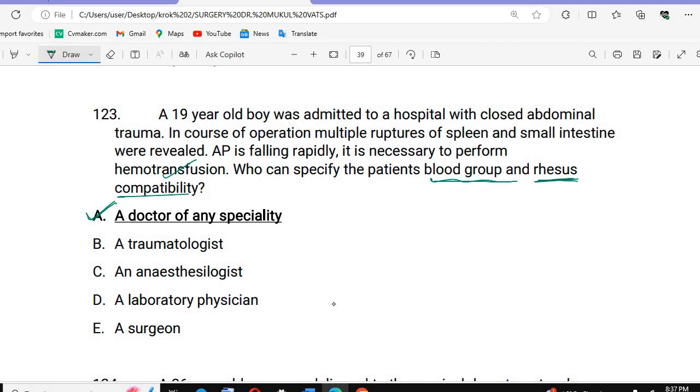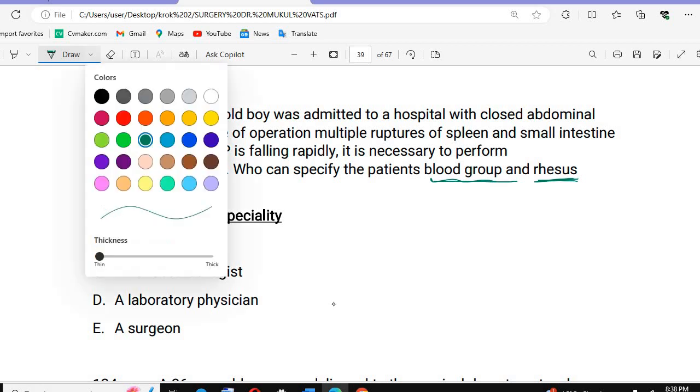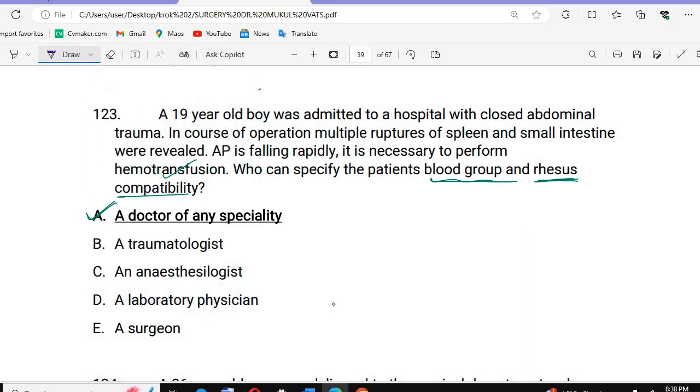For such a question, if you are confused, you will get this type of question in the exam for sure, one, two or three questions. But you don't need to worry about these questions. You just need to open your mind and think logically.